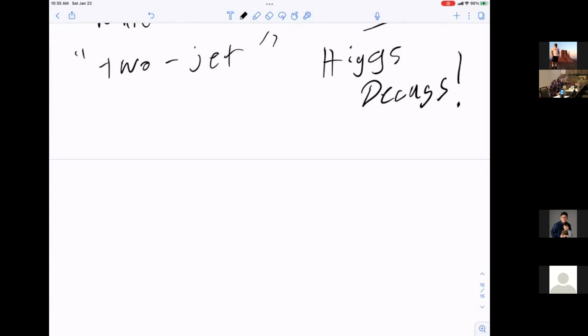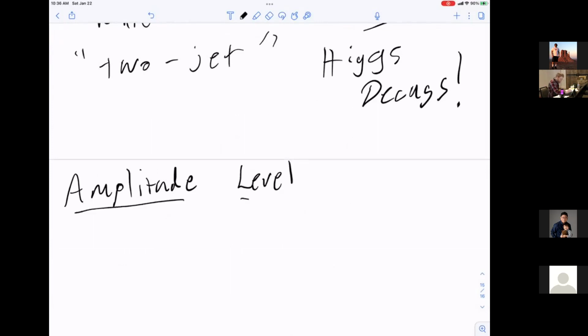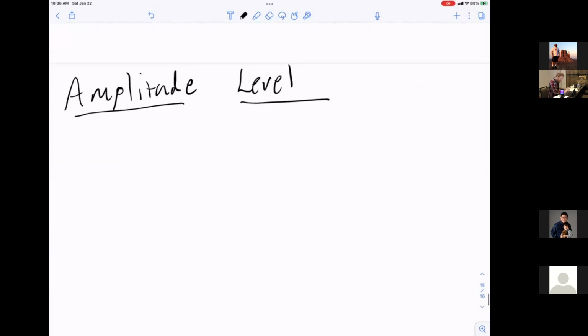Now, to make my life easier, I'm going to do everything right now at the amplitude level. And I'm going to go through a procedure. Since we're building things from objects we know up, right?